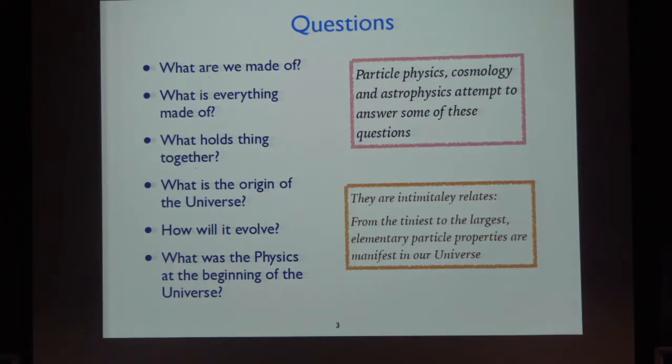From the tiniest scales to the largest scales, the structure that we see in the universe, ourselves, and the elementary particles we produce at the lab, it depends on the properties of the fundamental particles they're made of.